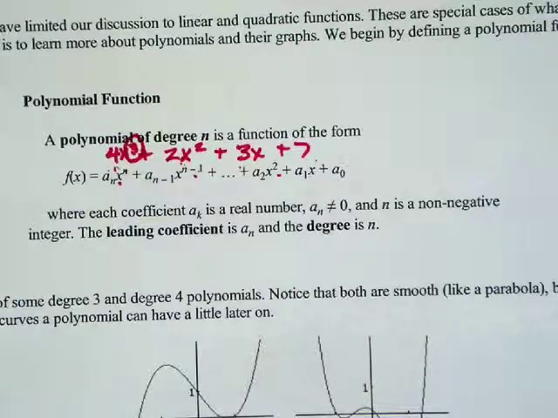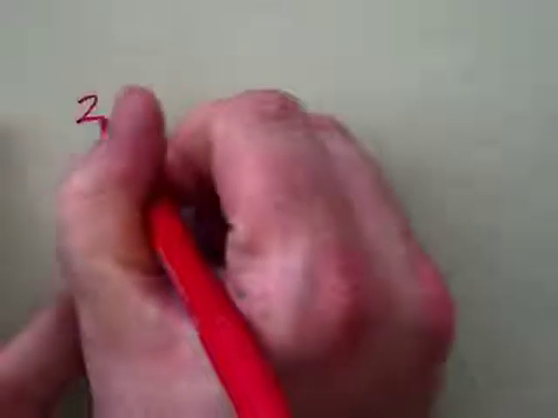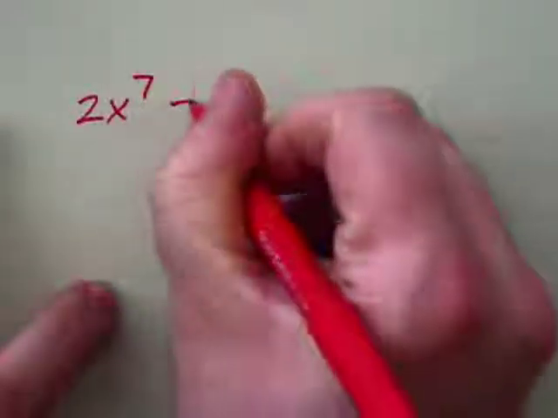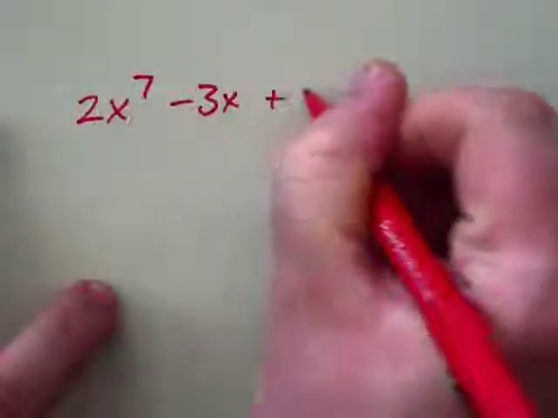Now, is it always going to be a degree 3? Well, of course not. That's going to change regularly. Let me give you a couple examples here. If I had this polynomial, let's just say 2x to the 7th minus 3x plus 0.